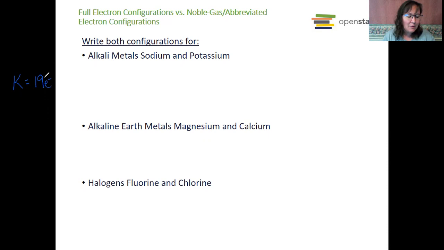Not because I can't remember them, but because it keeps me from having to count. It's just about being lazy. So I look at potassium and see that it is in the 4th row. If I'm in the 4th row, then I start counting.